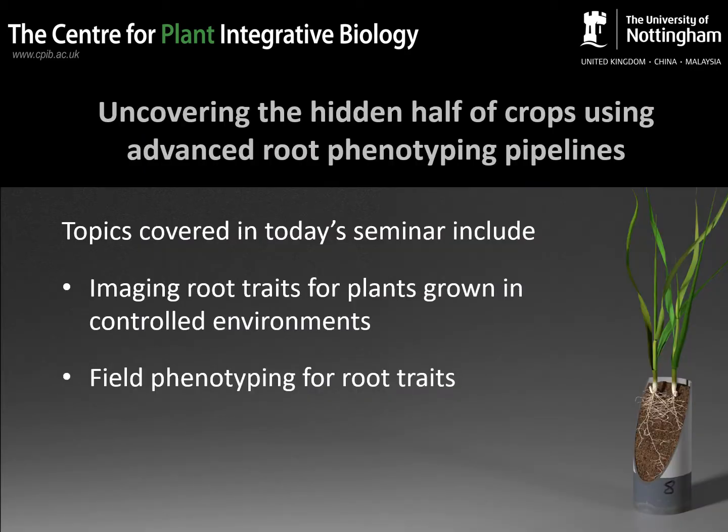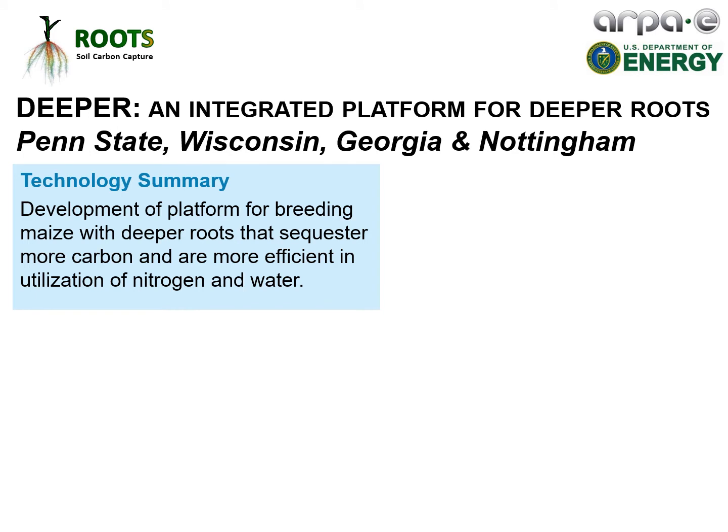I'd like to switch focus now to address field phenotyping and to discuss some work that we're doing as part of the DEEPer project. The DEEPer program comes from the ARPA-E ROOTS program, in which we're attempting to develop root phenotyping approaches to identify deeper rooting varieties of maize.